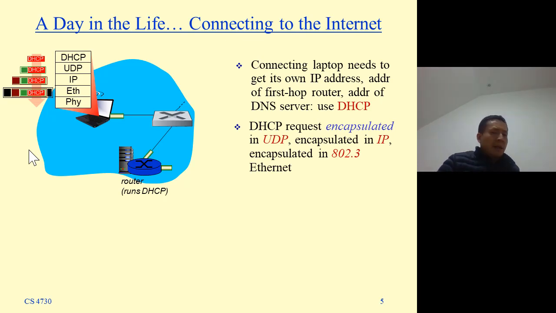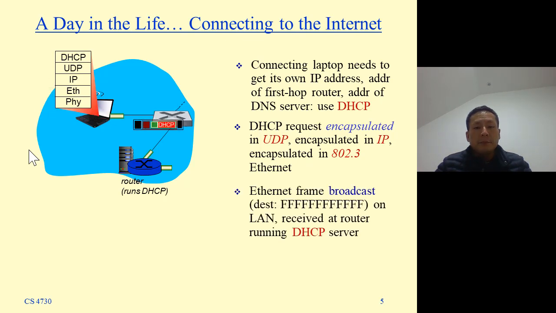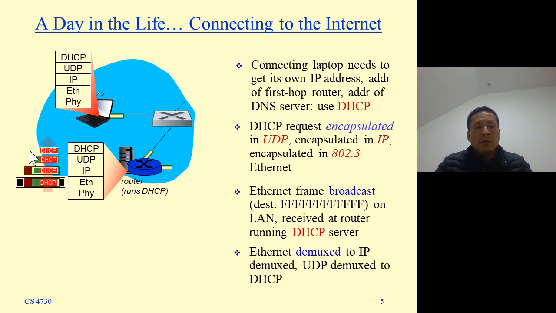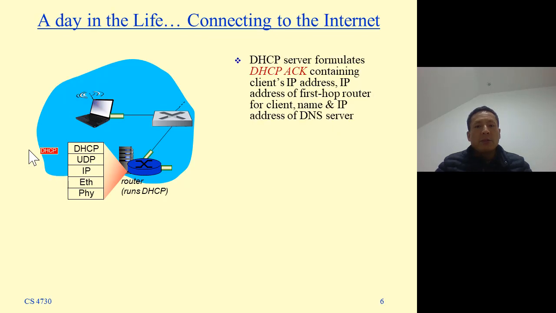The DHCP is encapsulated in UDP and then in Ethernet. Supposedly we are using wired Ethernet connections. And then you send out a broadcast saying you want to get an IP address, and the DHCP service will respond to you.